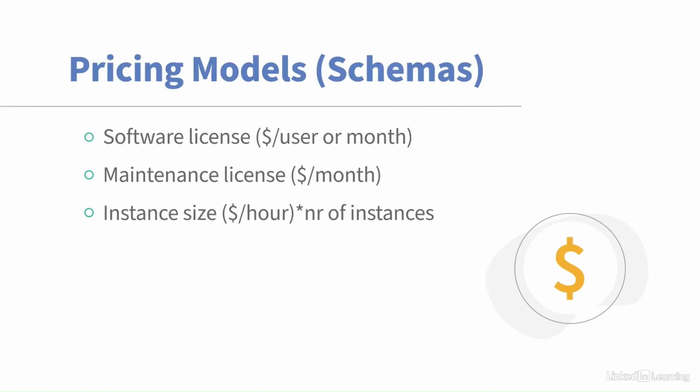That's a typical scheme on the cloud for resources. What you do is take your instance size times the number of instances, and then you have your costs. Pretty simple, right? Even simpler is data storage, where you're storing X amount of gigabytes per month, and each gigabyte is going to cost you X dollars. These are very simple pricing schemas that will help you calculate the costs.